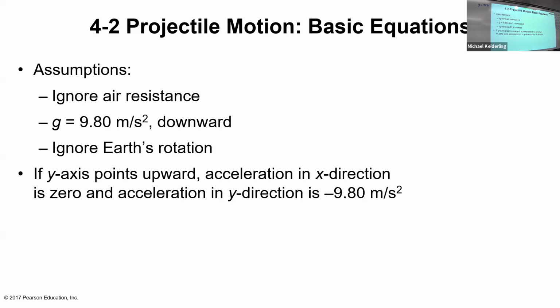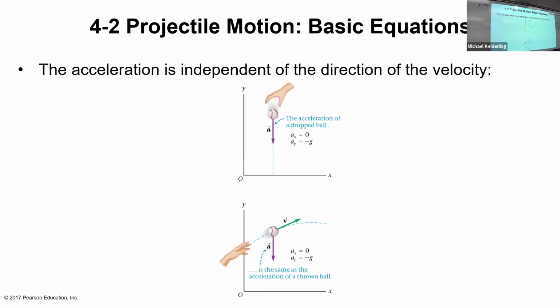So the acceleration is independent of the direction of the velocity. It doesn't matter what direction an object is flying, its acceleration will always be 9.80 meters per second squared downwards.